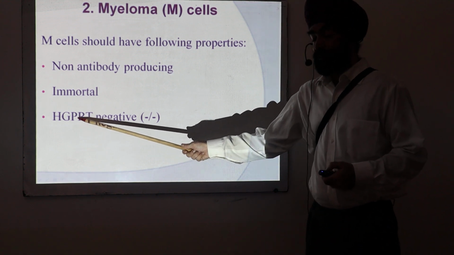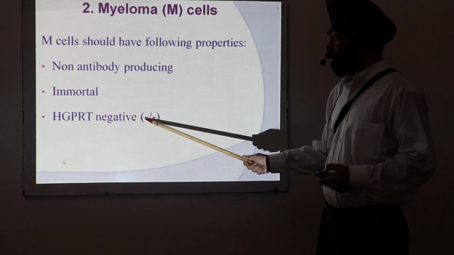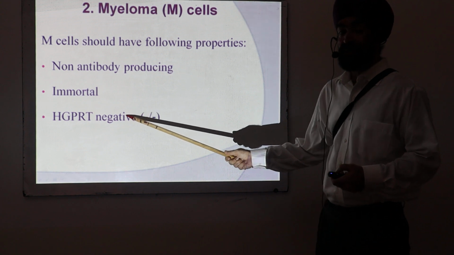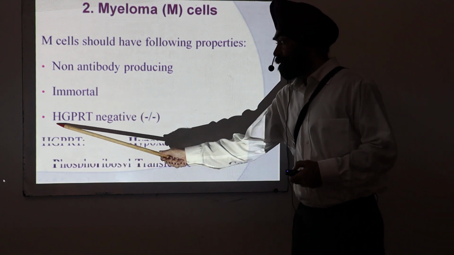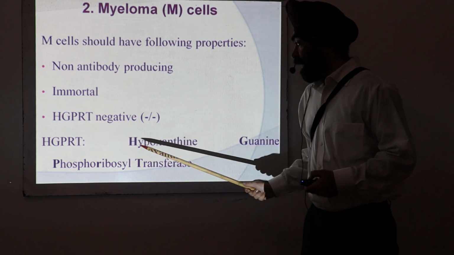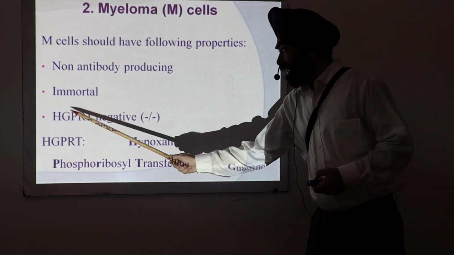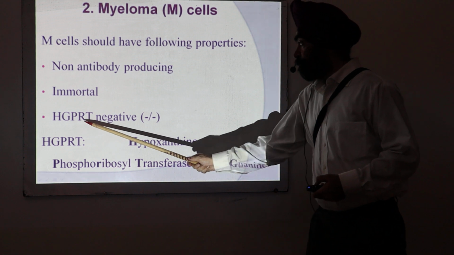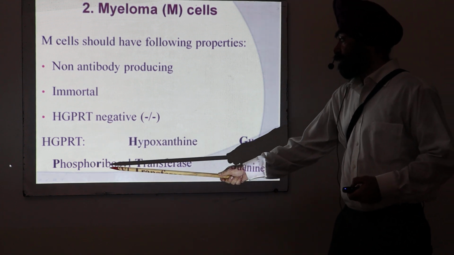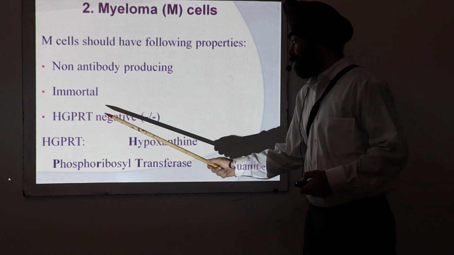HGPRT should be absent, that means they should be negative, homozygous negative. HGPRT: H stands for hypoxanthine, G for guanine, P for phospho, R for ribosyl, T for transferase.